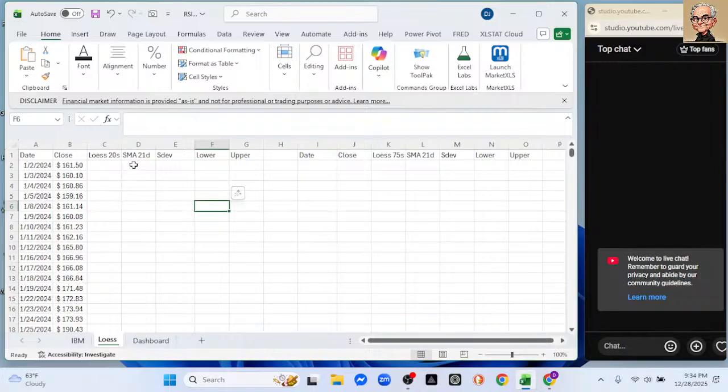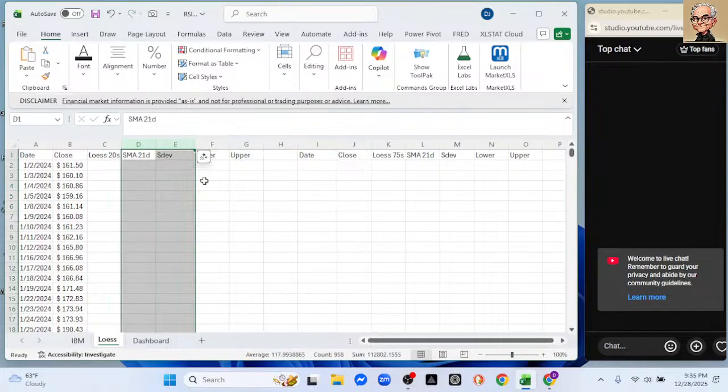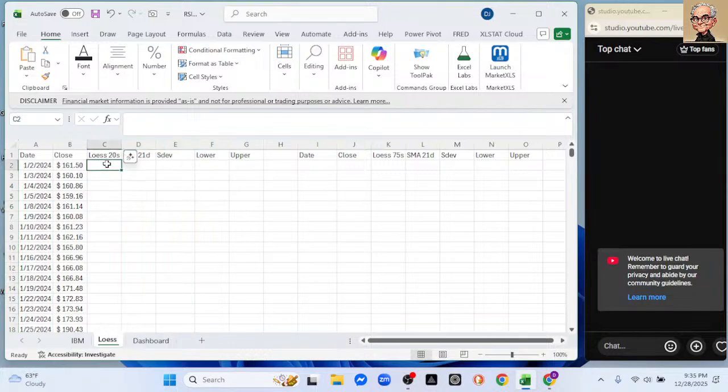Okay, so anyway, we begin with these two columns, which is what it shares with the Bollinger Bands. Loess requires two columns.